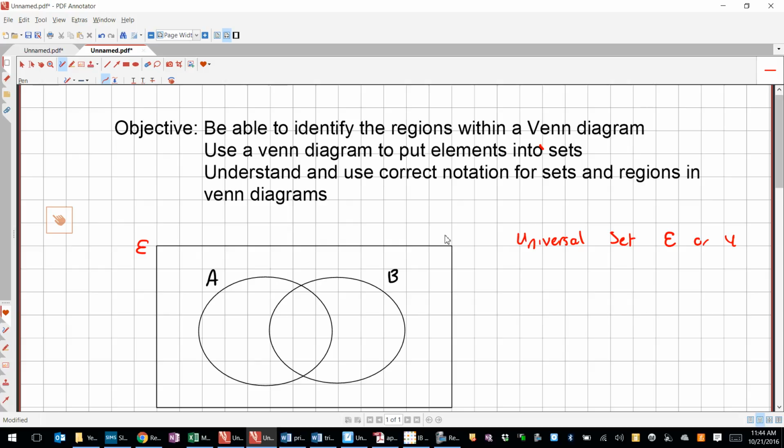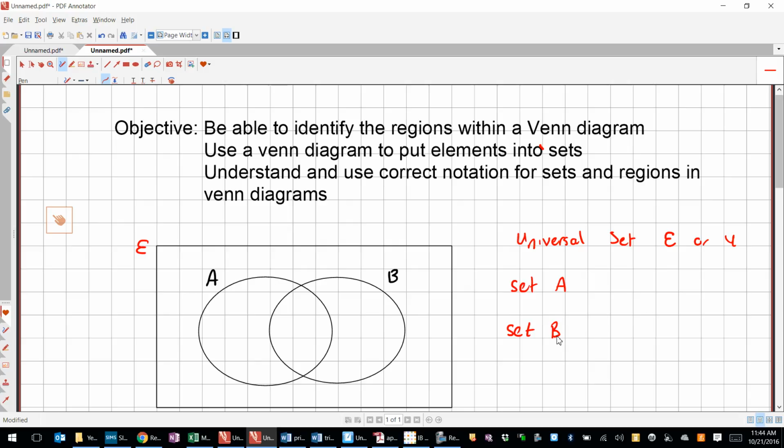Now, we have 2 circles, A and B, and that means within the universal set, we have set A and we have set B. Those 2 sets contain elements of the universal set. There is nothing else within the universe.